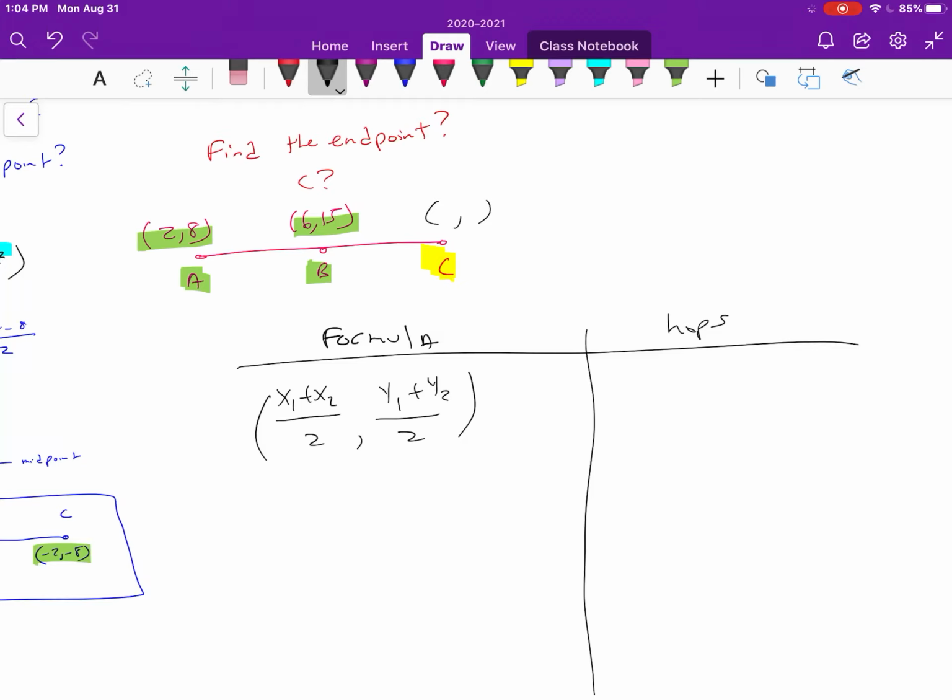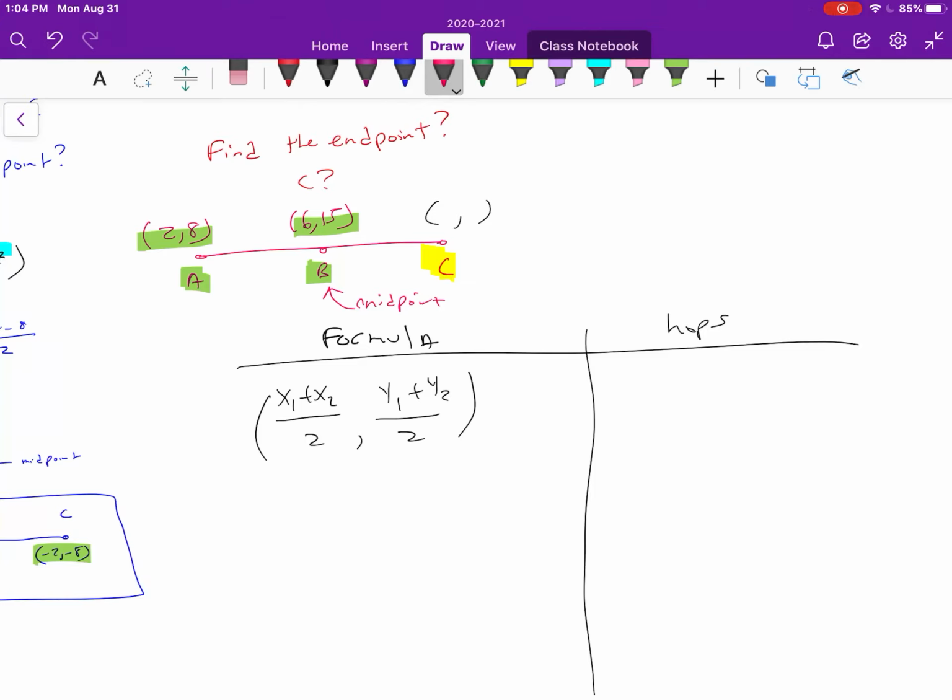So you can go ahead and place it into a formula. Now they give you the midpoint already, which was that one right here. This is the midpoint.